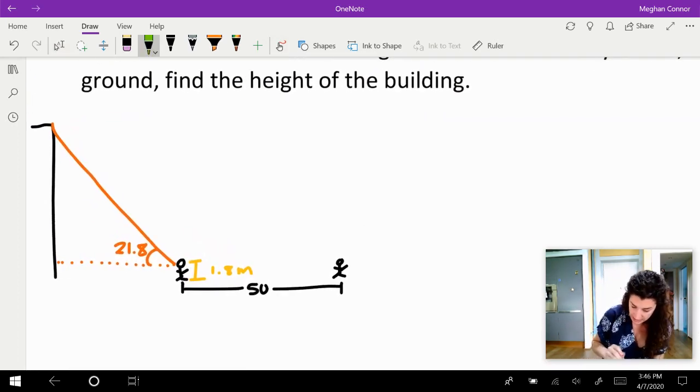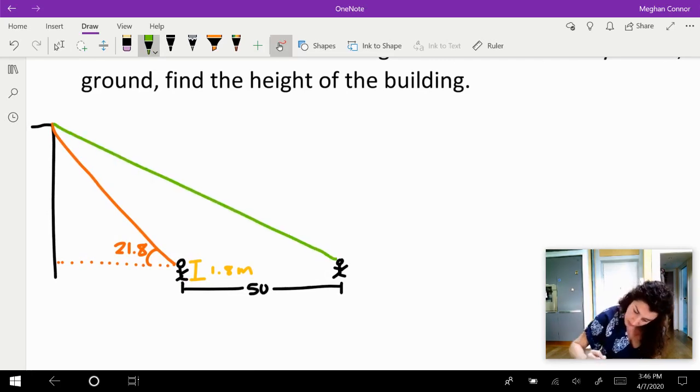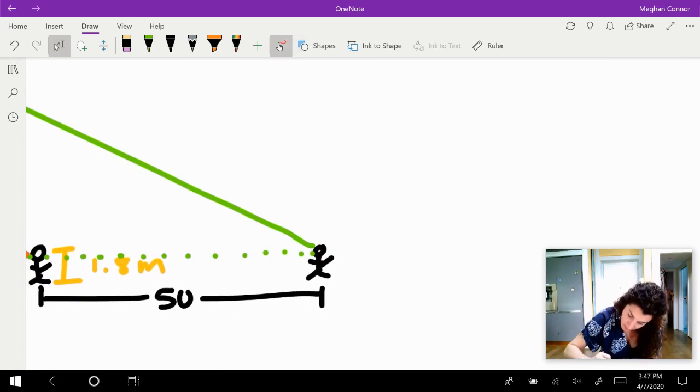So drawing in that eyesight with the horizontal, that is 11.3.